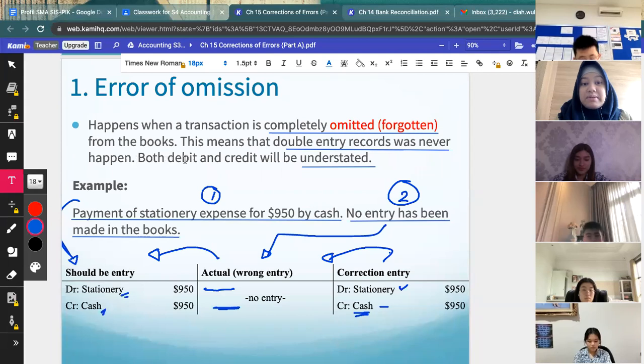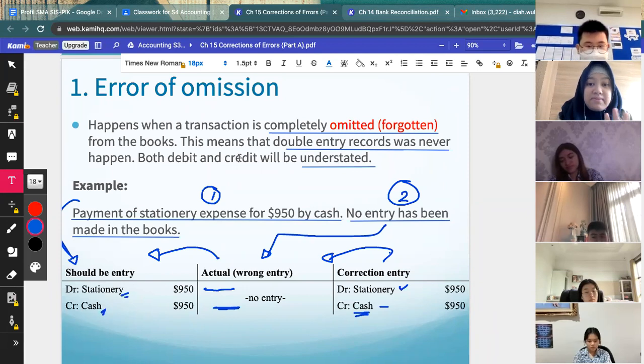So both debit and credit will be understated. Once again, you have a transaction, but you forgot to record that in the books. Yeah, the business forgot to record that in the books. That means the debit entry and credit entry are not done. Yeah, it's never been done before.